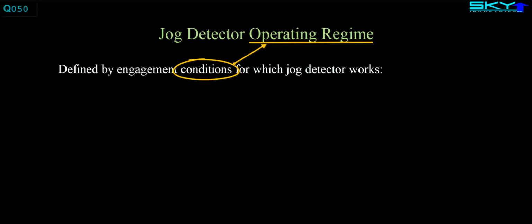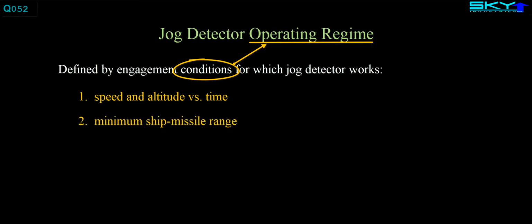And the word "conditions" means specifically these things. Firstly, the missile speed and altitude flight profile. Secondly, the minimum range of the missile from the ship at which the jog detector needs to work. Thirdly, the sea conditions under which it needs to work. And fourthly, the range of radio frequencies covered by threats for which a jog detector is needed.